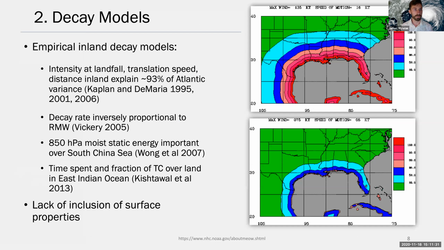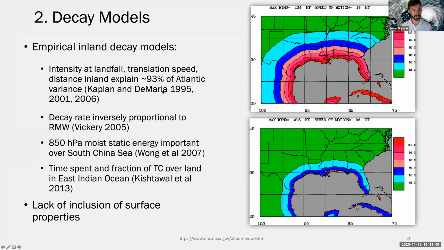So empirical inland decay models have been around for a few decades and are incredibly helpful in predicting and forecasting the inland decay of storms. It really all started with the Kaplan and DeMaria 95 model.